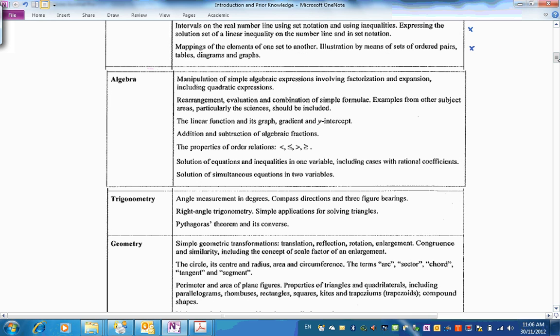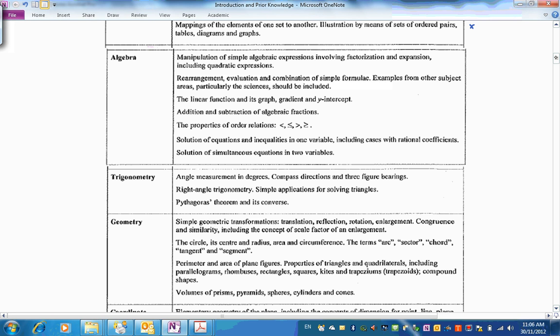And if we come down here to algebra, manipulation of simple algebraic expressions involving factorisation and expansion, give that a tick. Rearrangement, evaluation and combination of simple formulae, yes, usually. Linear function, its graph, gradient, y-intercept. Addition and subtraction of algebraic fractions.